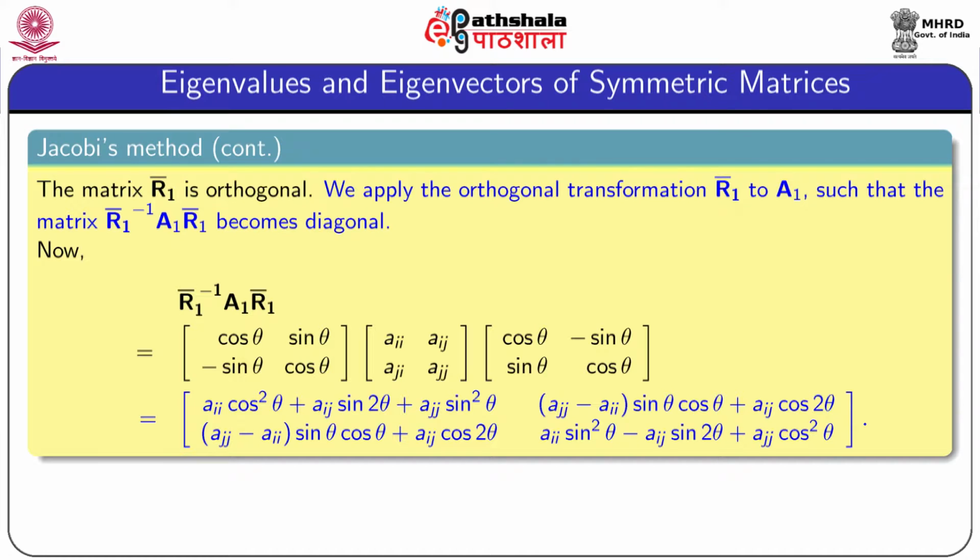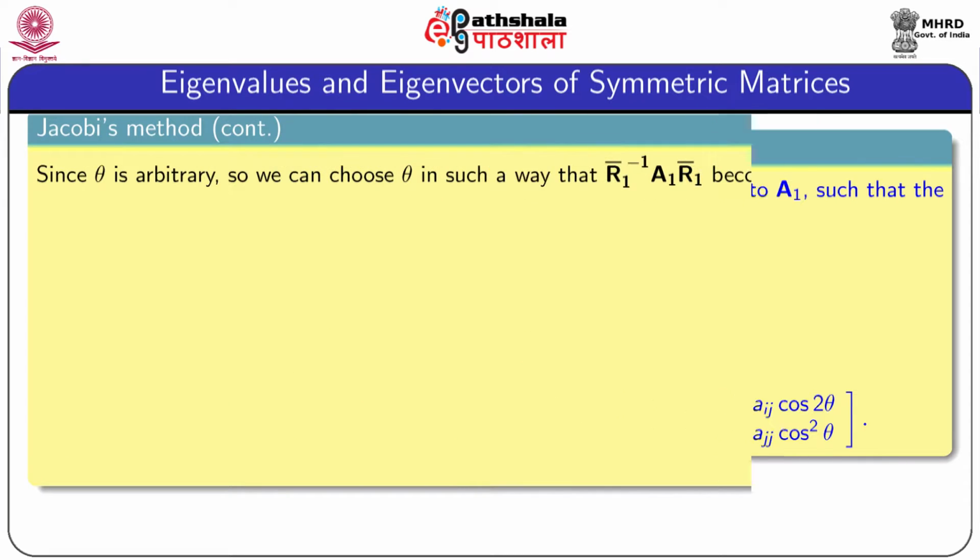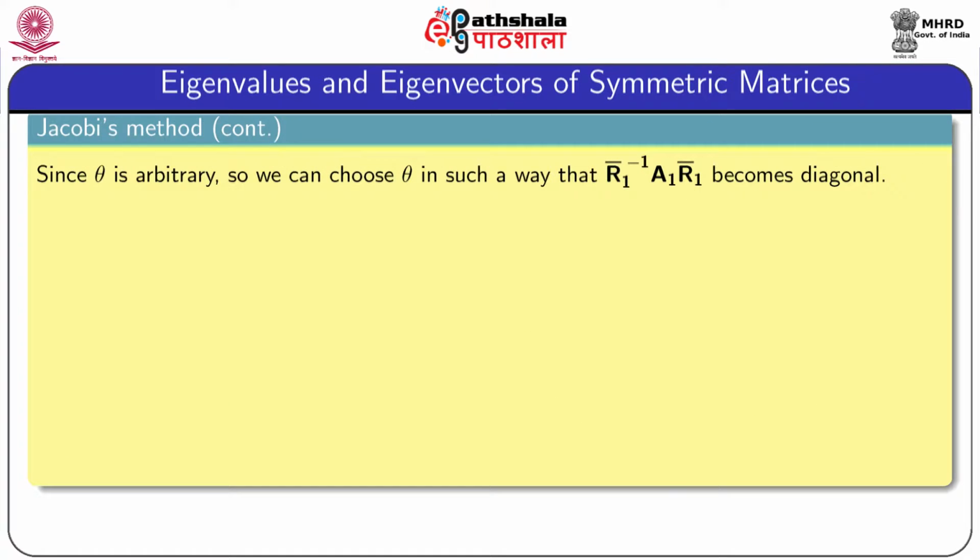The off diagonal element is ajj minus aii whole into sin theta cos theta plus aij into cos 2 theta, and the diagonal elements are different. Our intention is to find the value of theta in such a way that R1 bar inverse into A1 into R1 bar becomes a diagonal matrix. Therefore, we choose the off diagonal element of R1 bar inverse A1 R1 bar as 0.